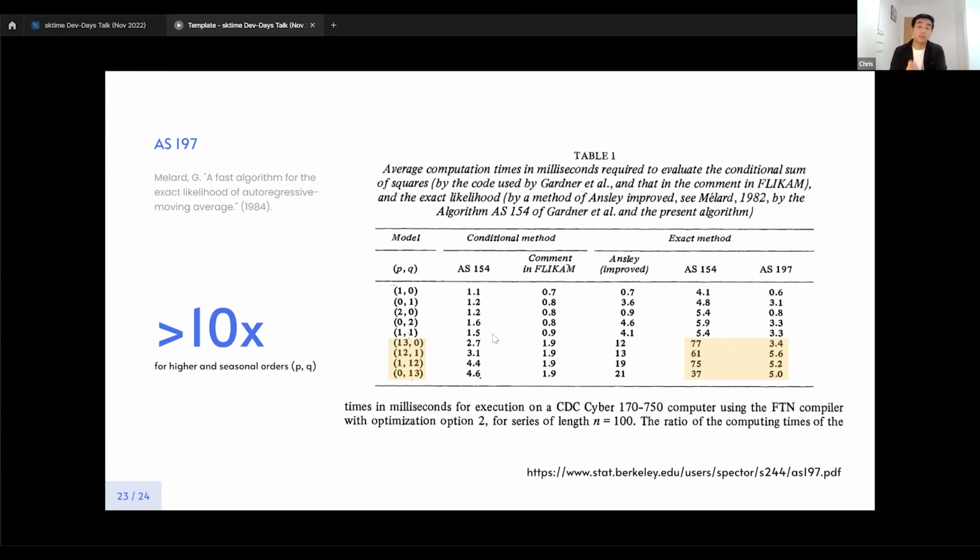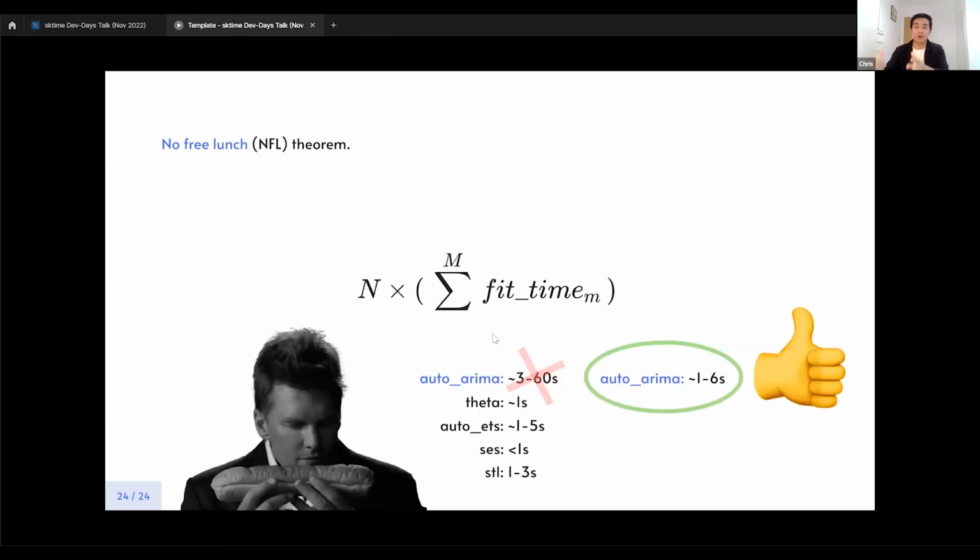But if this is implemented in statsmodels, or perhaps directly in pmdarima or even directly in sktime, we could finally get ARIMA to perform at the same execution time as all the other benchmark models. And this is extremely beneficial, not just because of the speedup for ARIMA models, but also for the stability of our distributed benchmarking.